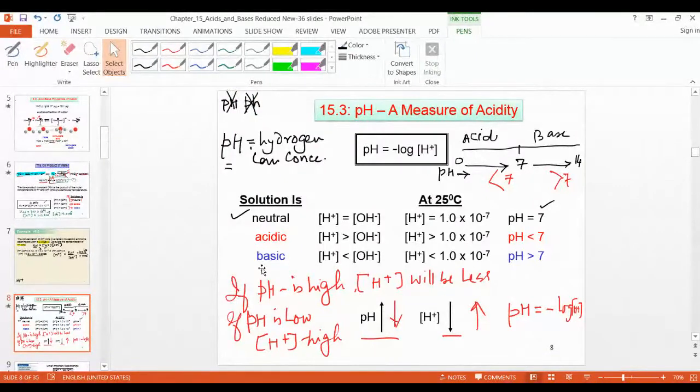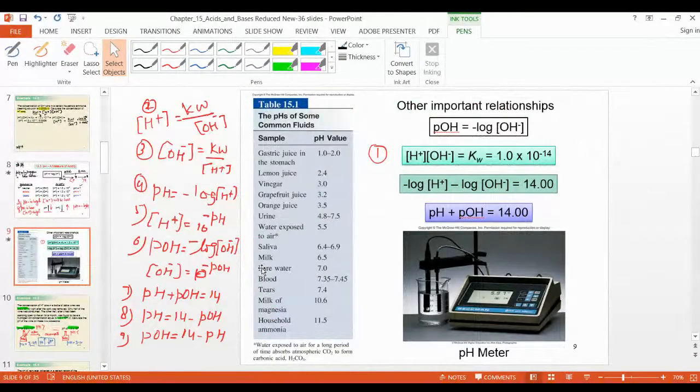This pH calculation, pH increase, concentration decrease, opposite. pH values from 0 to 14, 7 is neutral, 0 to 7 is acidic, and 7 to 14 is base.